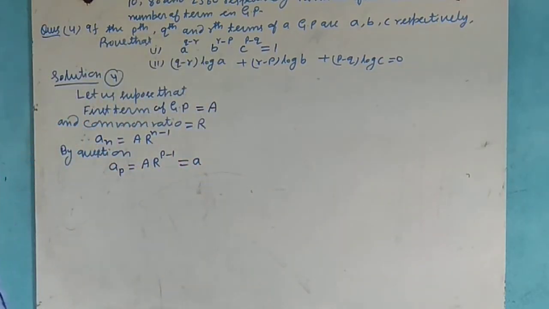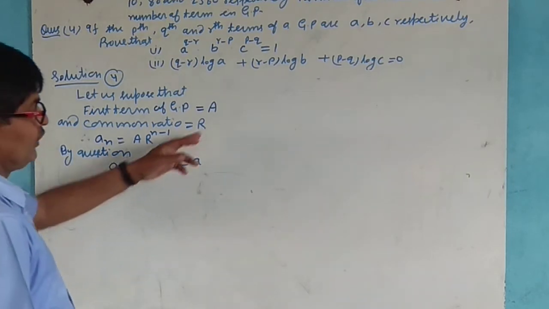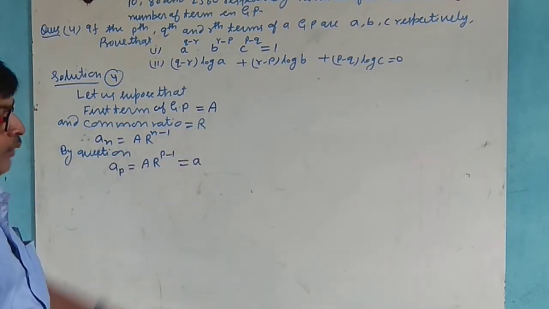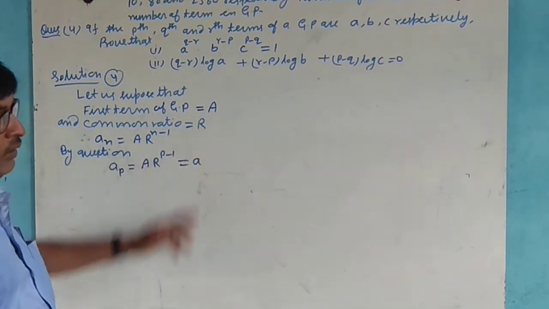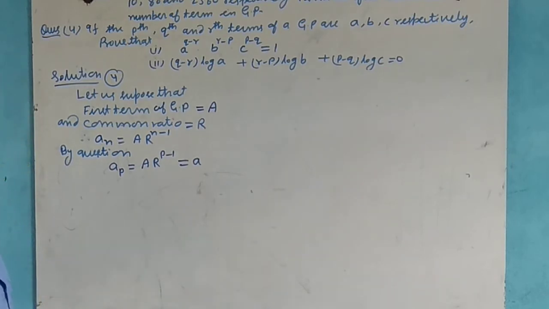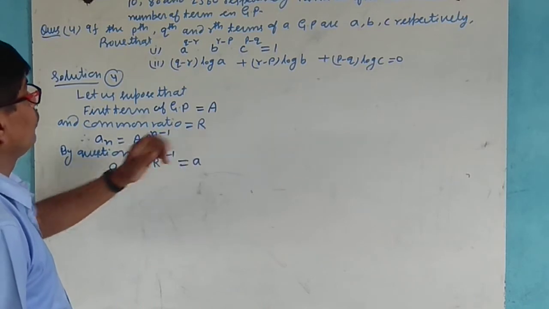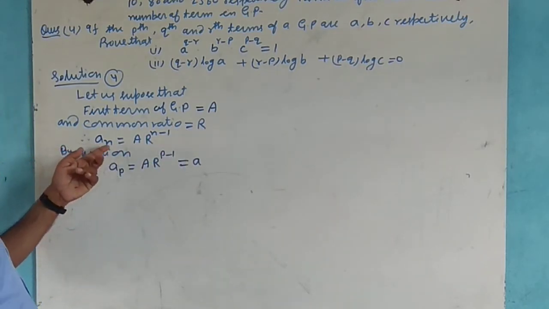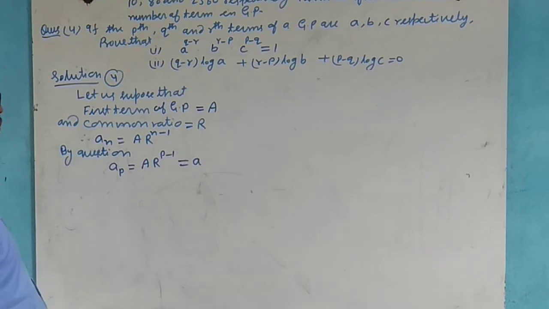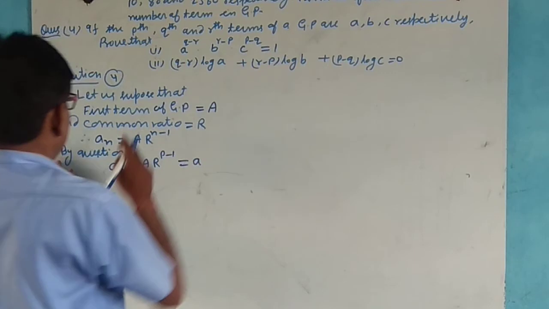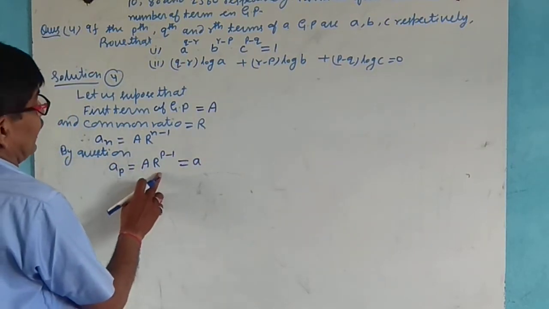Now let us suppose that the first term of the GP is A. Here we assume the first term in capital letter and the common ratio in capital R, because small letters are present in our problem. So the first term of the GP is A and the common ratio is R. In general, An is equal to A R to the power n minus 1. By the question, the pth term is a, so a equals A R to the power p minus 1.